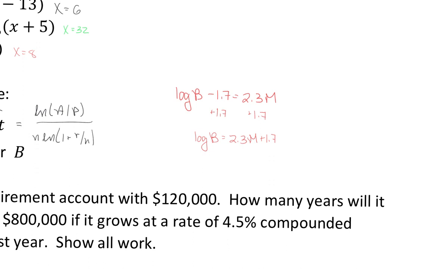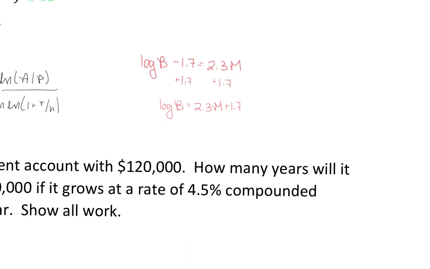It's important to recognize that these won't combine like terms, because 1.7 doesn't have an m on it.